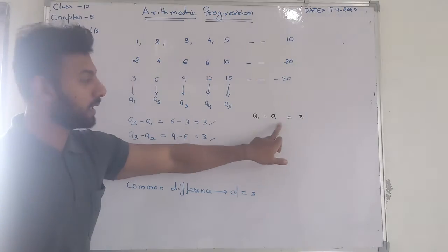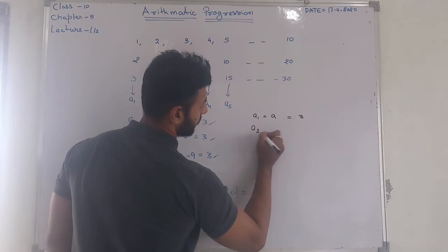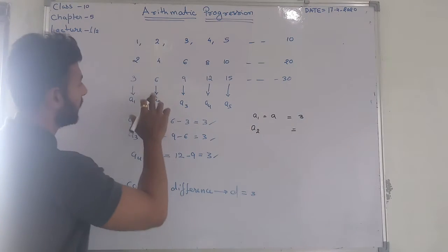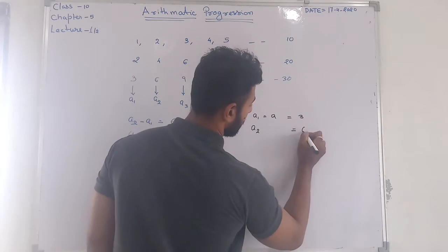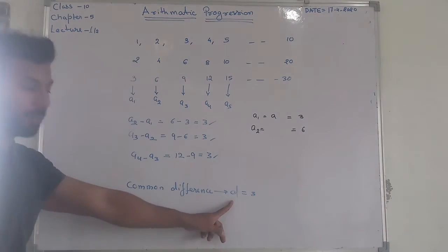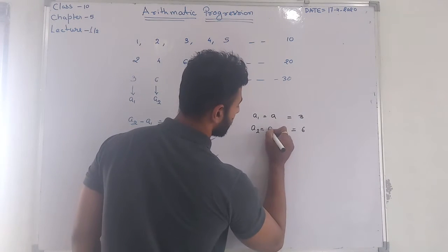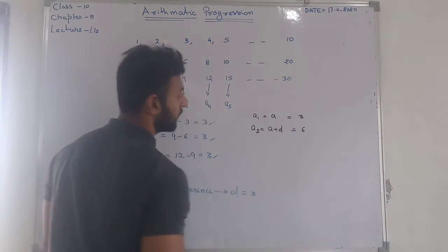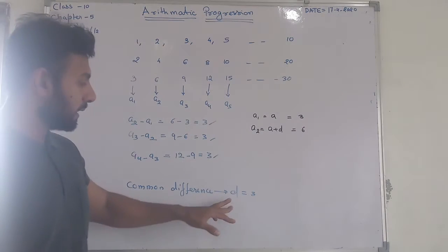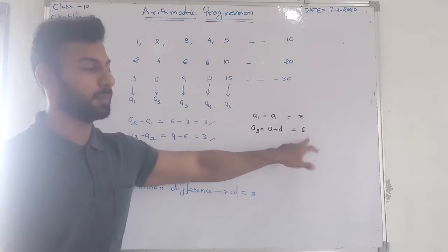A1 is supposed as A and it is 3. What is A2? A2 is 6. If we add this common difference D to A, we will get the second term, A plus D.